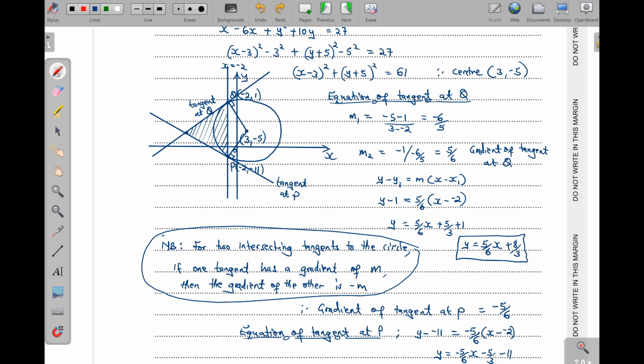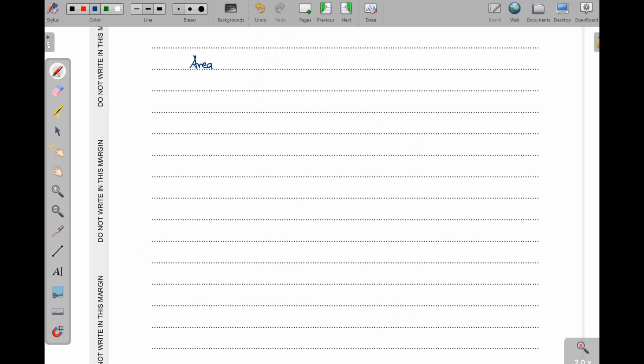Now, the height of this triangle is going to be this one here, then minus this smaller one here. You see that? Okay. So area of triangle, you know, it is equal to a half times the base, then times the perpendicular height.